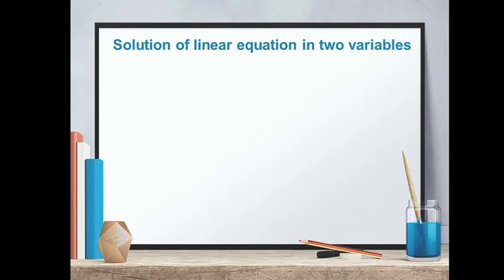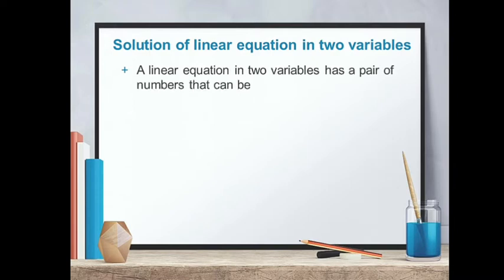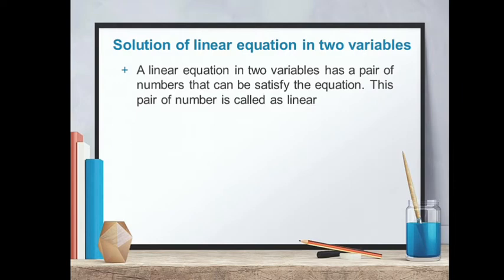Some points are given first on how to find out the solution of a linear equation in two variables. The first point is: a linear equation in two variables has a pair of numbers that satisfy the equation. This pair of numbers is called a solution of the linear equation in two variables.